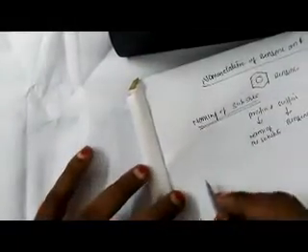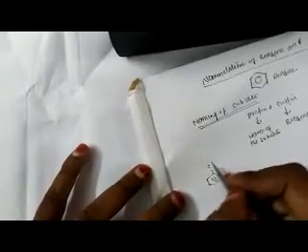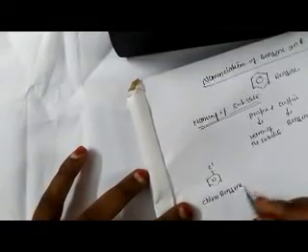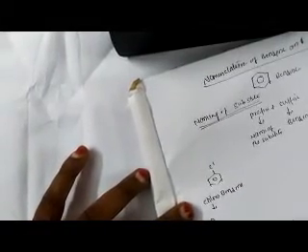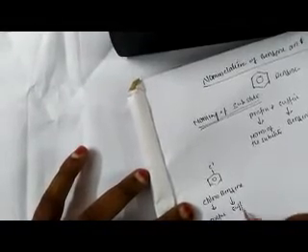Suppose we take an example. If a benzene molecule is substituted with chlorine, it is called chlorobenzene, where chloro is the prefix for chlorine and benzene is the suffix.